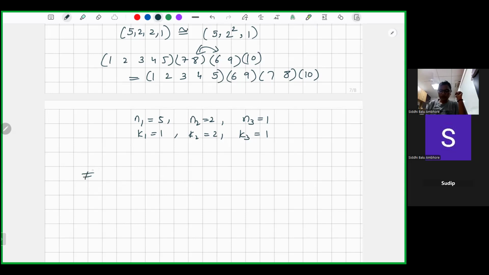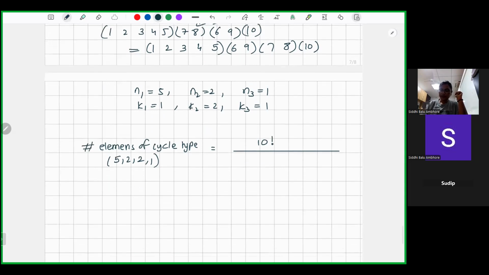So my number of elements of cycle type 5, 2, 1 then becomes 10 factorial divided by k1 factorial, so this is 1 factorial, k2 is 2 factorial, and this is again 1 factorial, into the way we wrote this: 5 power 1, 2 power 2, and here again it is 1 power 1.